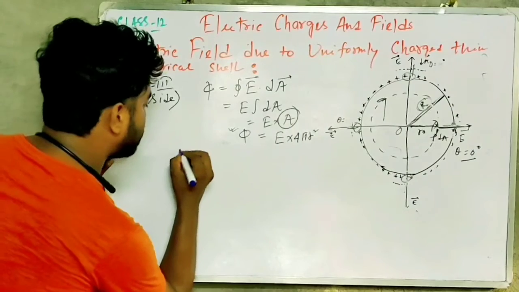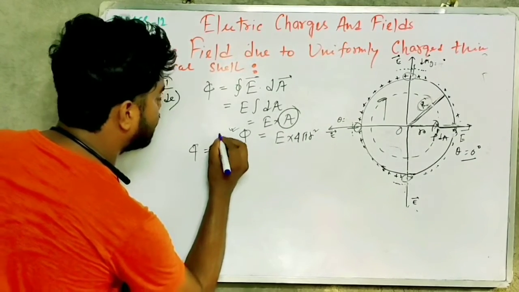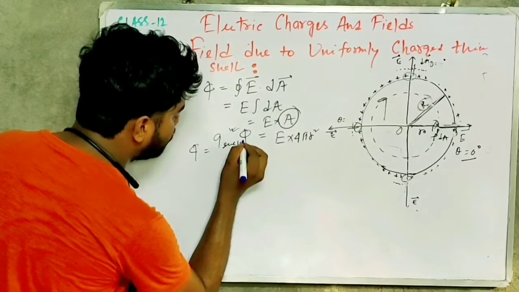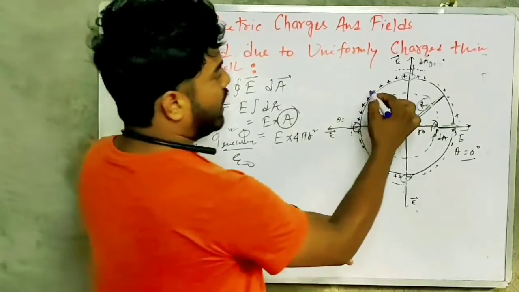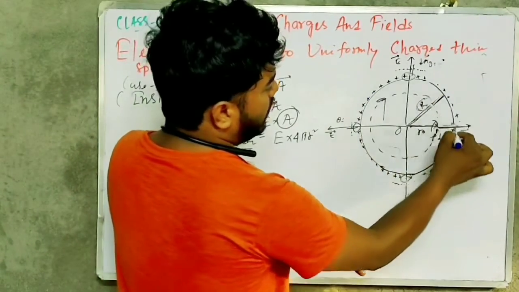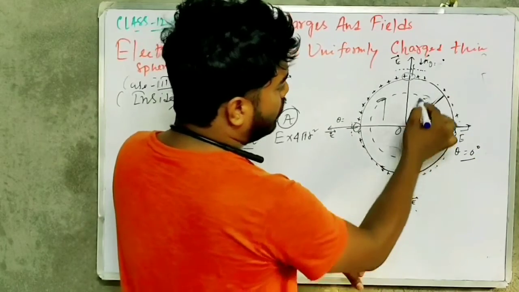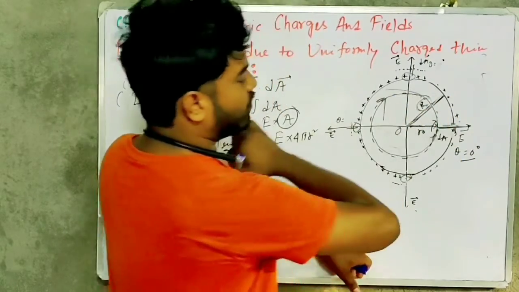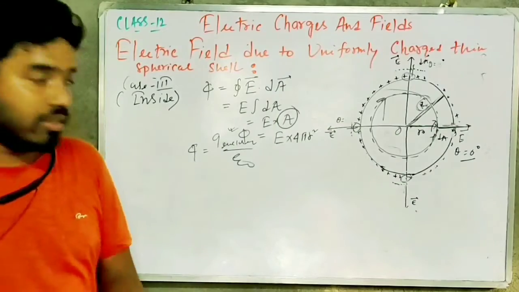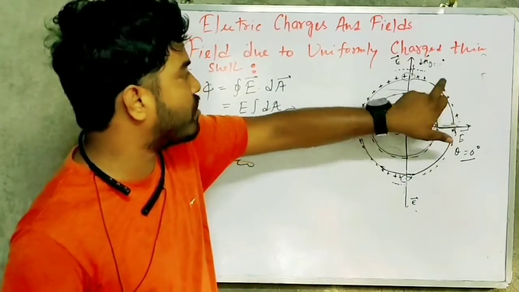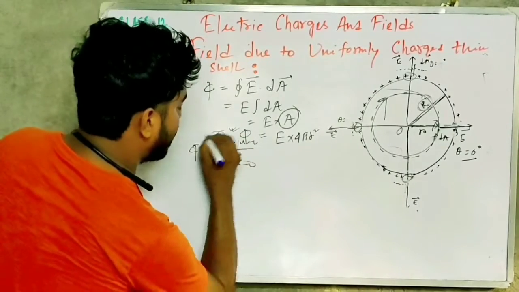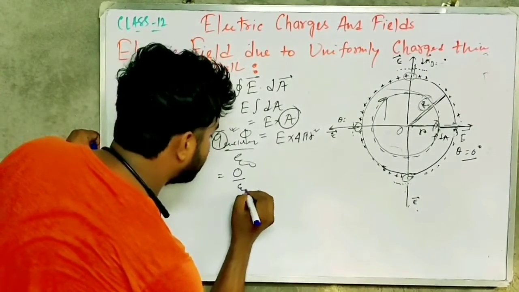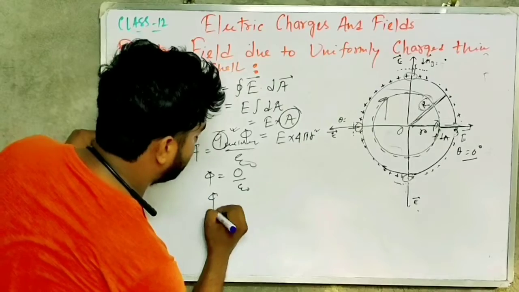Now according to Gauss theorem, we know that phi equals Q enclosed by epsilon naught. Here charge resides or is stored at the surface. So in this Gaussian surface there is no charge, as charge is stored outside. So the value of charge is 0, that is phi is equal to 0.